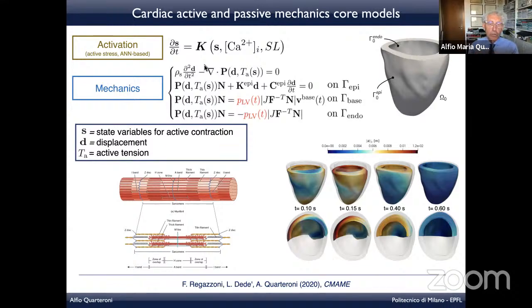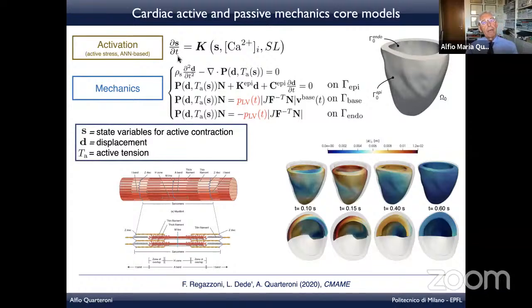The myocardium is a solid structure which undergoes a passive mechanics behavior, namely when you solicit it, it will deform, but it also undergoes an active mechanics behavior, which is due to the fact that you have an electrical field applied at every single cardiomyocyte.